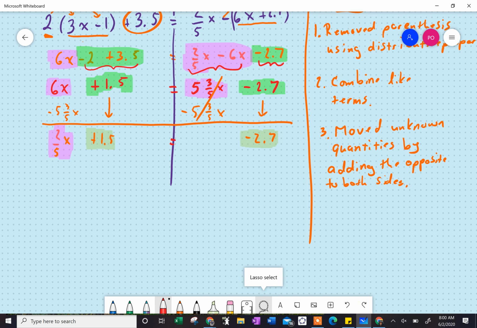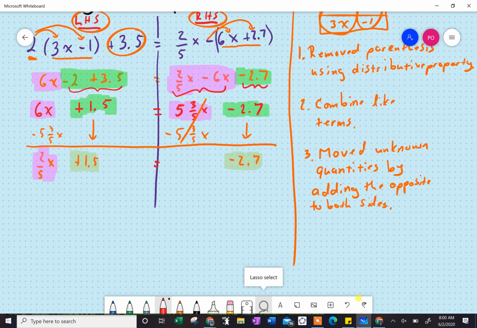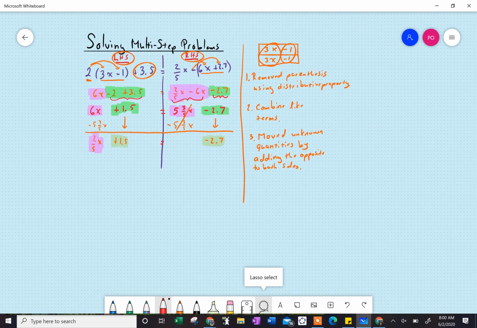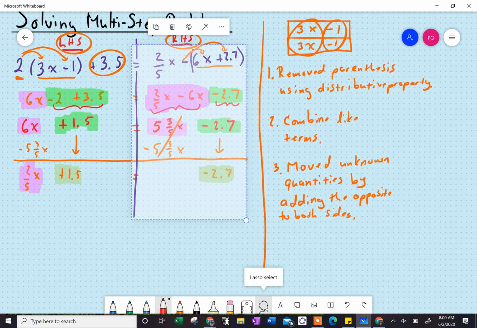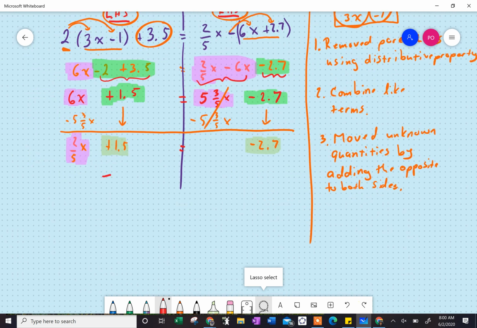So now I'm going to move my constants to the other side, and I'm going to do that by adding the opposite. Minus 1.5 equals negative 1.5. Once again, nothing happened here, so I get 2/5 x. 1.5 minus 1.5 is 0. Negative 2 7/10 minus 1 5/10 is a negative 4.2.